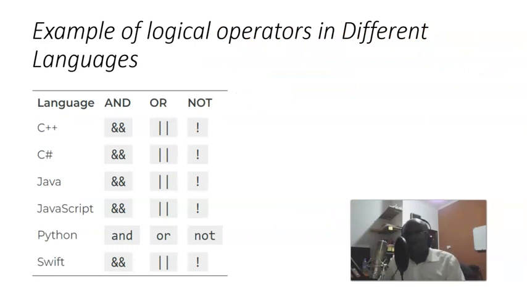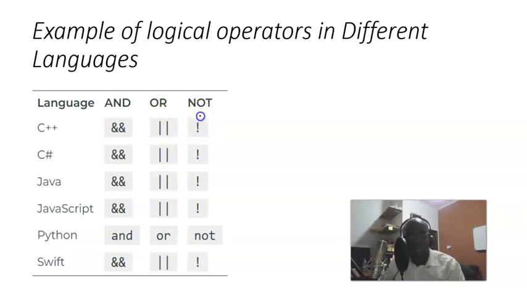You may want to know how these different operators are represented in different programming language syntax. There's a video which teaches on the syntax. We'll look at it in the other sessions. But in C++, the AND operator is represented by 2 ampersands, the OR operator by 2 vertical lines, and NOT by this exclamation mark.